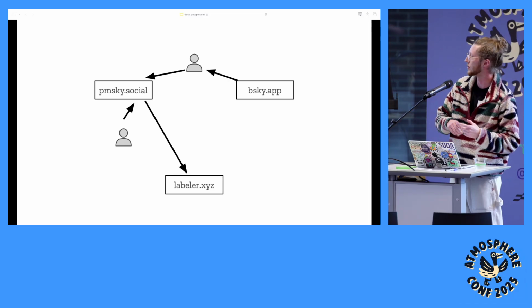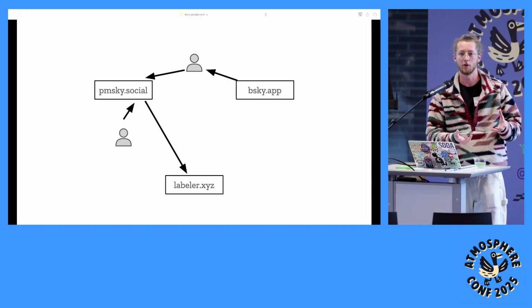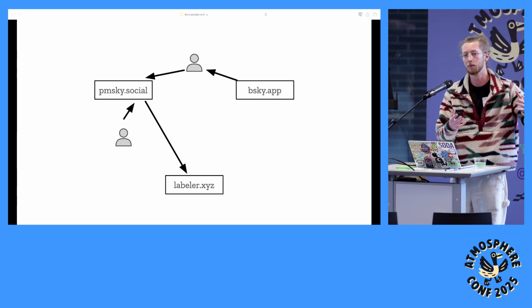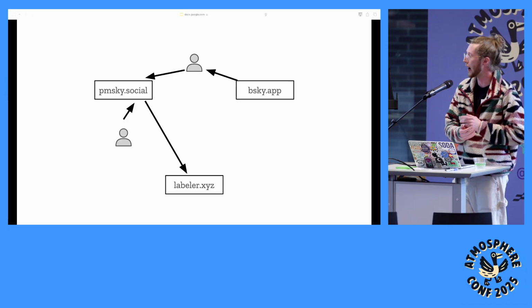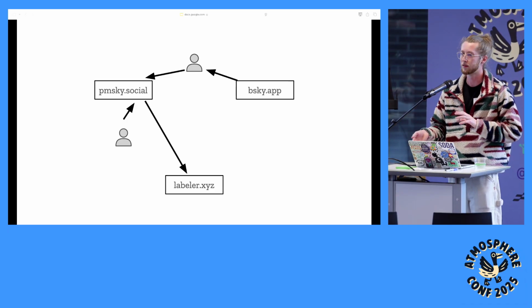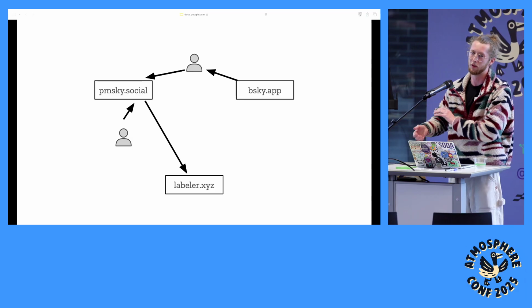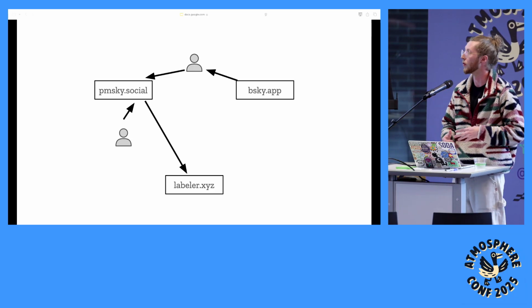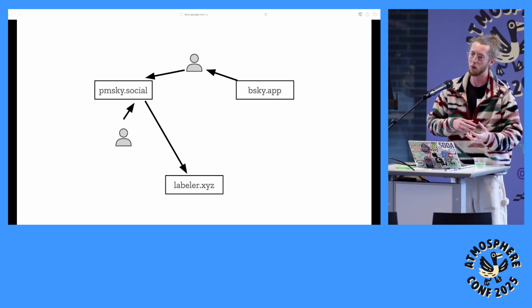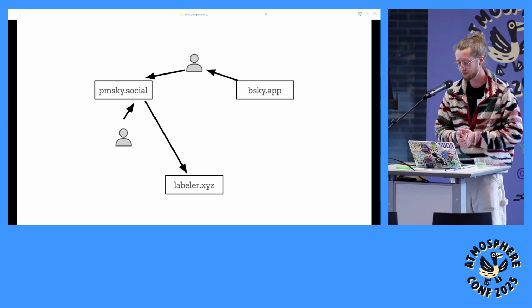Now, separately, there's a labeler that is watching those records, and sees that there is some consensus that this label belongs on this post. However, consensus is defined depending on the labeler. I think different contexts have different use cases, whether that's a simple majority or some more complex definition.